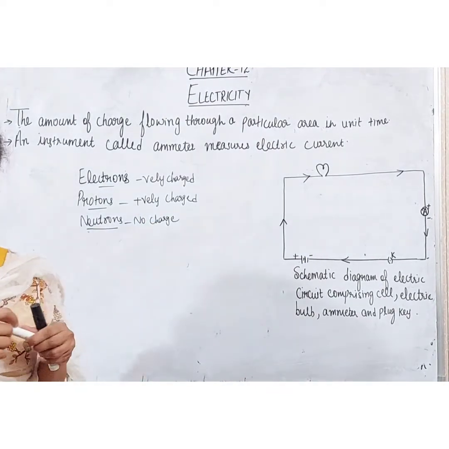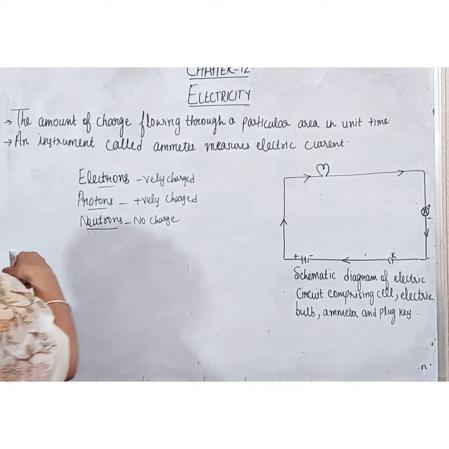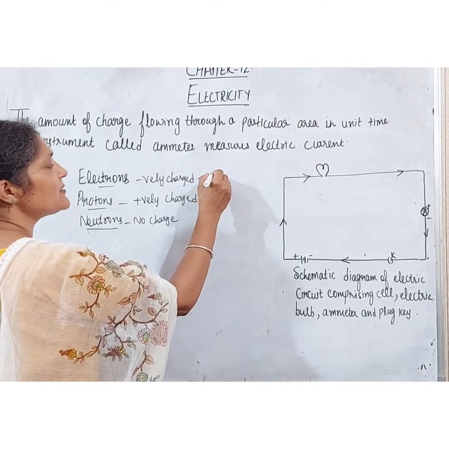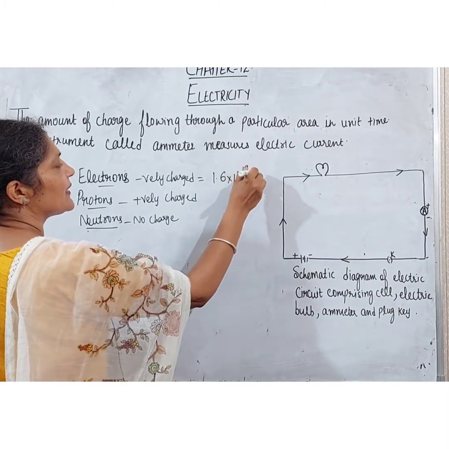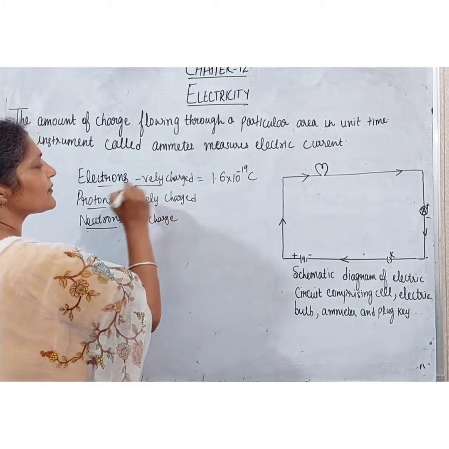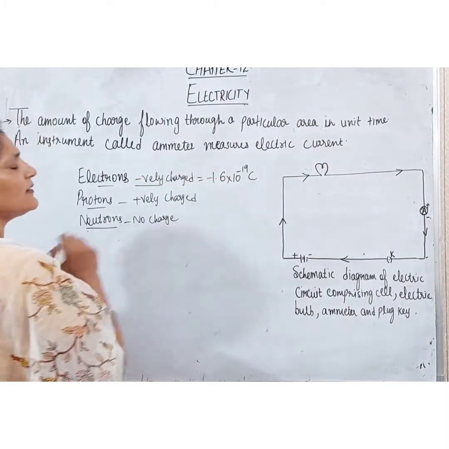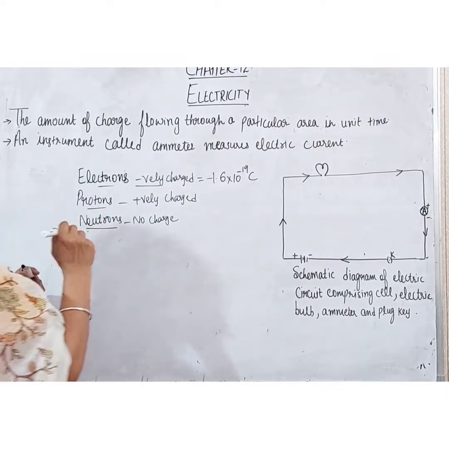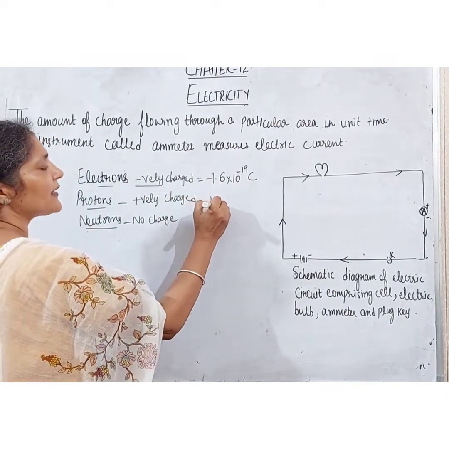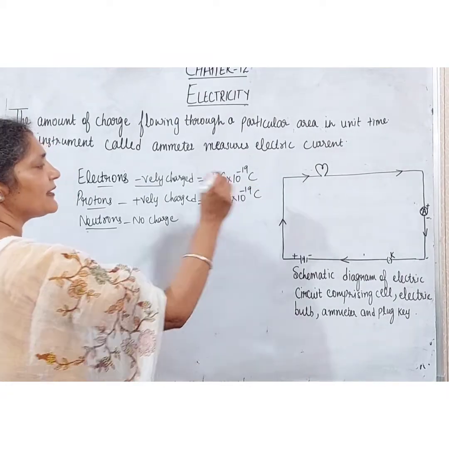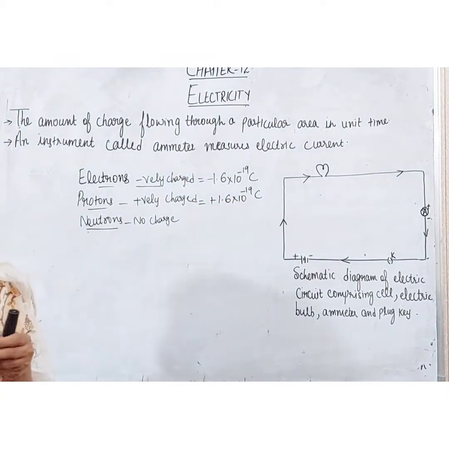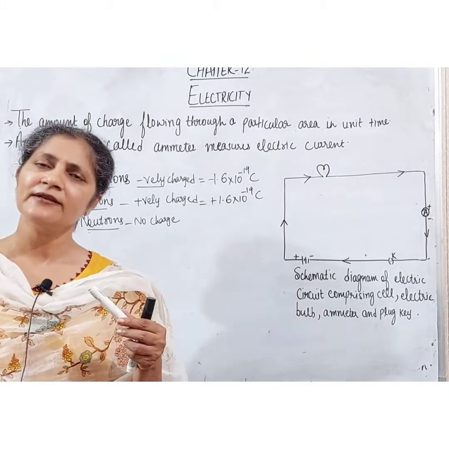That you all know. On one electron there is how much charge? 1.6 into 10 raised to power minus 19 coulomb, because electrons are negatively charged, so the sign of negative will come. One proton contains how much charge? 1.6 into 10 raised to power 19 coulomb, because coulomb is the SI unit of the charge.